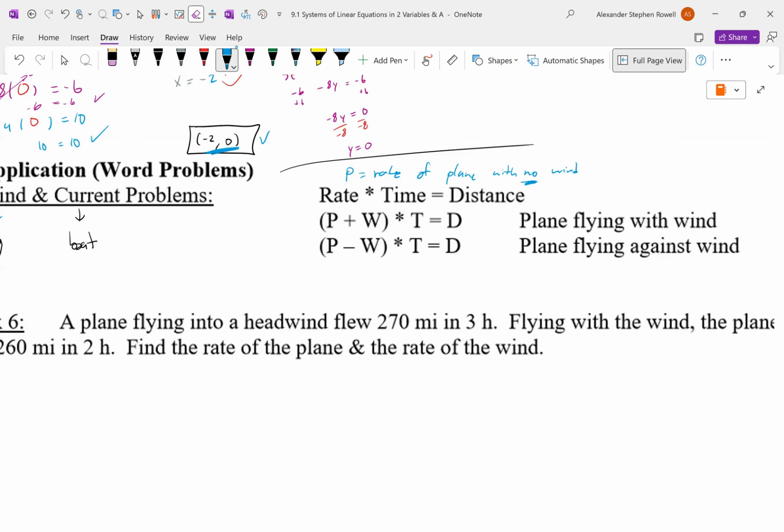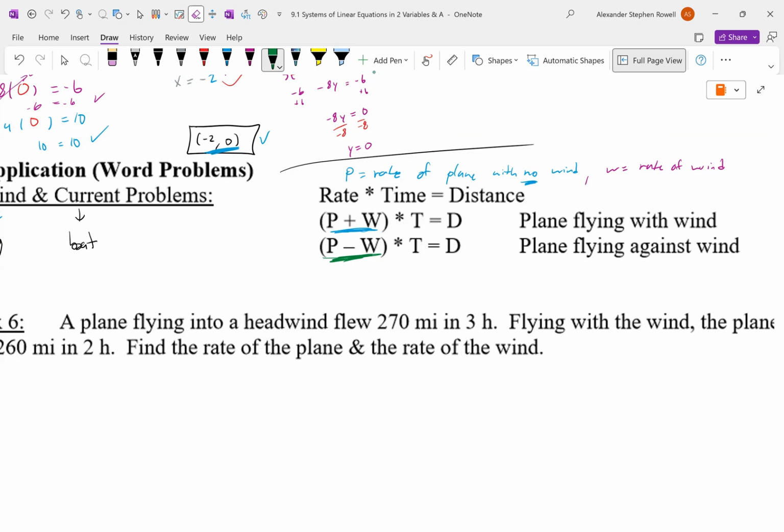Okay, so when you're going with the wind, the wind is going to push you faster, and so we add the rate of the plane plus the rate of the wind. So we'll say W is equal to the rate of the wind. And in the case where we're flying against the wind, we subtract: the rate of the plane with no wind whatsoever minus the rate of the wind.